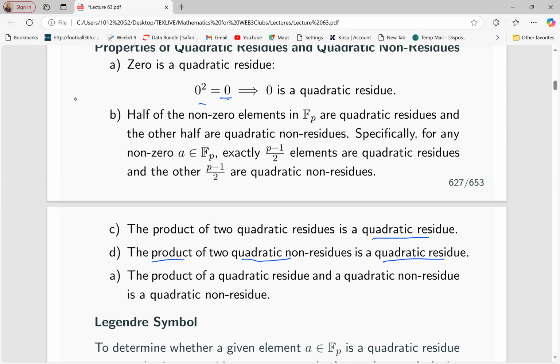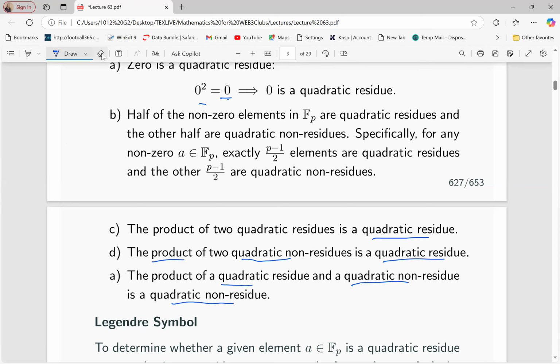What about if you take a number that has a square root and a number that has no square root and multiply them? The result will be a number that has no square root. So a quadratic residue times a quadratic non-residue gives you a quadratic non-residue. And again, we'll be seeing how this is applied going forward.